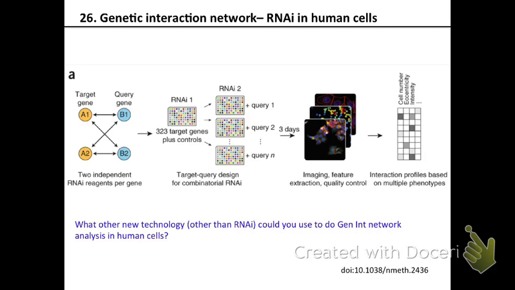CRISPR. So if you could make guide RNAs targeting individual genes, you can transfect the cells with two different guides to two different genes, and that should allow you to interrogate whether those two genes actually interact or not.